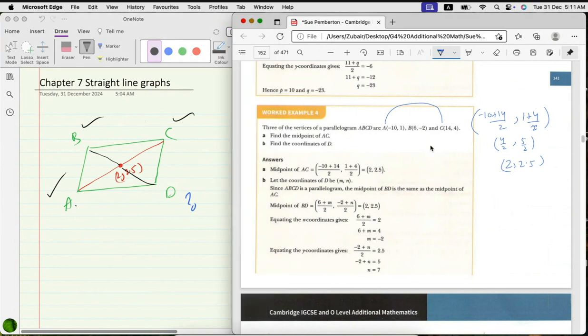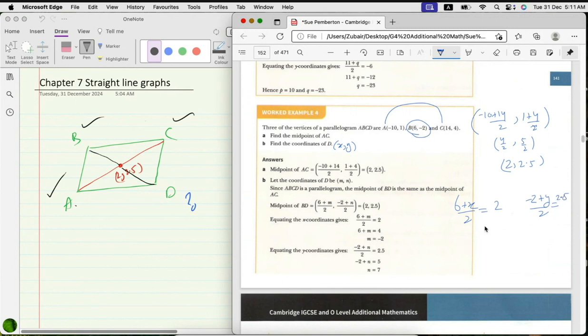So then we just have to plug in the values for B and equate them with what we got for the midpoint of AC. The coordinates of D are x comma y, unknown. So 6 plus x over 2, and the mid is already there. Then for y, minus 2 plus y over 2, and mid of y is already there, 2.5.